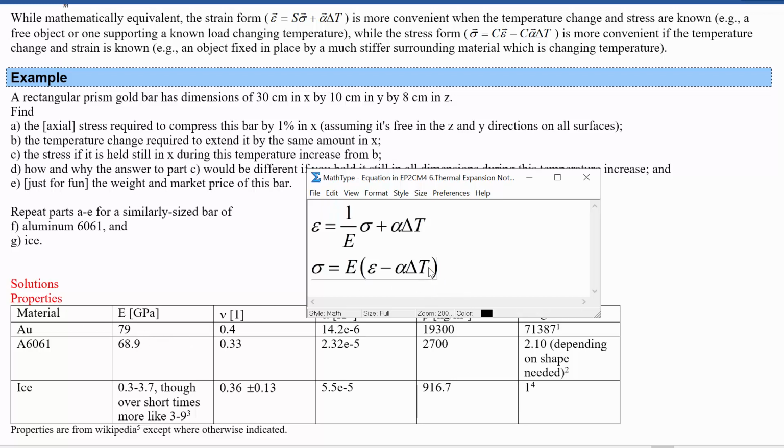The temperature change that we would need for this strain to happen, we can return to the first equation maybe and set sigma equal to 0 and see that the temperature change would be epsilon, 1%, divided by alpha, 14.2 E minus 6. If you were to divide those two, then you'd find that it's 704 degrees Celsius of a temperature increase, or 704 Kelvin.